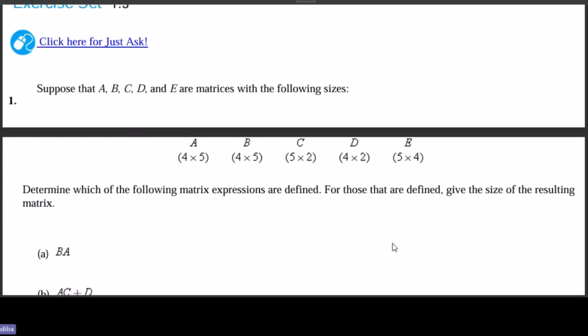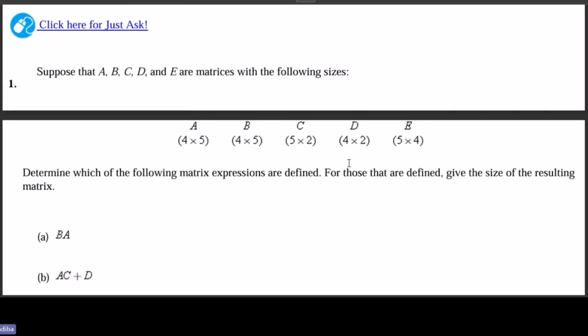Matrix A is 4 by 5. The size for matrix B is 4 by 5. Matrix C is a 5 by 2 matrix. D is a 4 by 2. E is a 5 by 4 matrix.